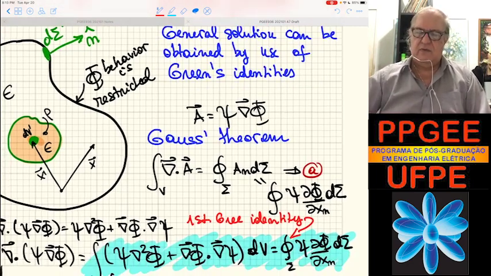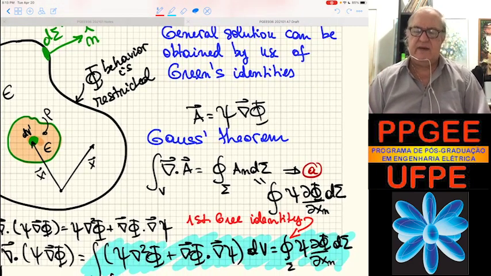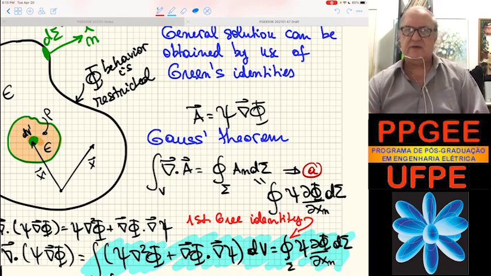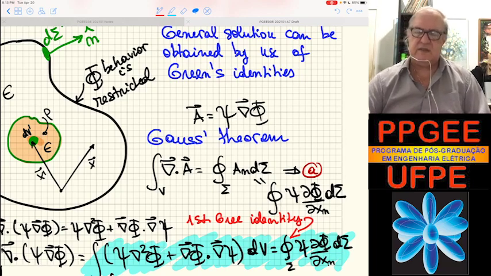Let's recall one important thing: Green's identities are a result of Gauss's theorem. Let's consider that the vector used in Gauss's theorem is written like this.